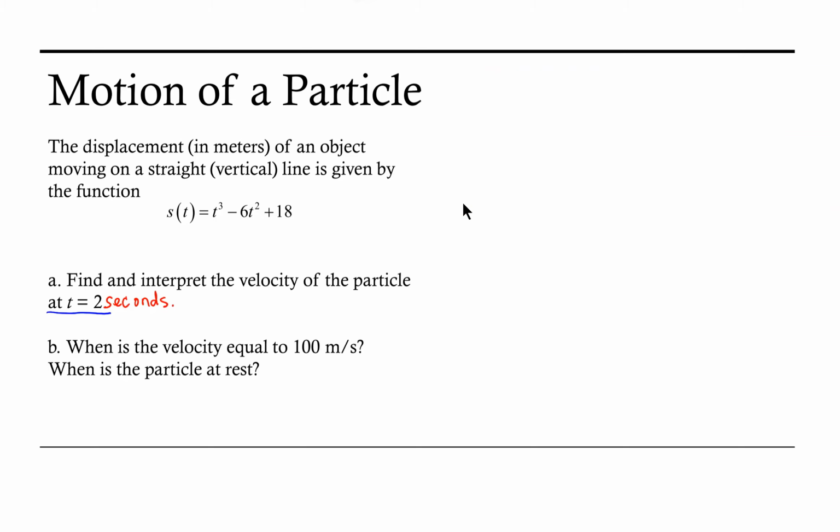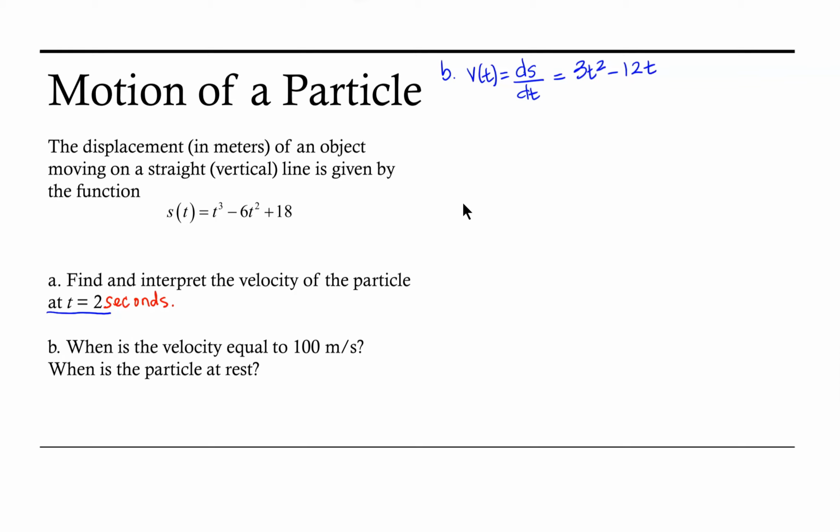Now let's take a look at when is the velocity of the particle equal to 100 meters per second, and when is the particle at rest. So we already found that the velocity of our particle is the derivative of displacement, or ds/dt, and that was equal to 3t squared minus 12t.